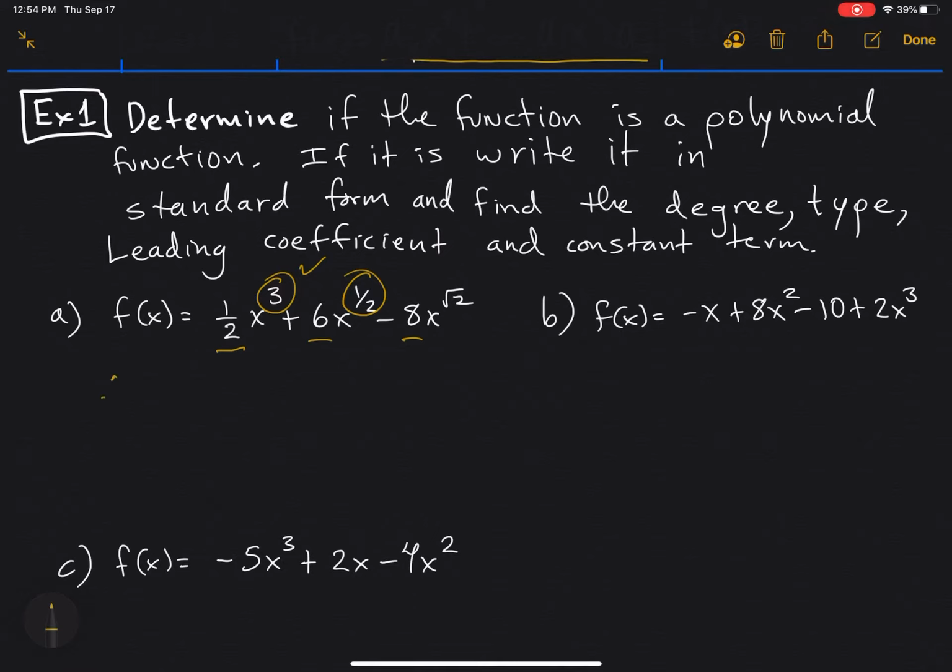So we say this: since 1/2 and the square root of 2, that's the next exponent, are not whole numbers, and therefore, f of x is not a polynomial function.